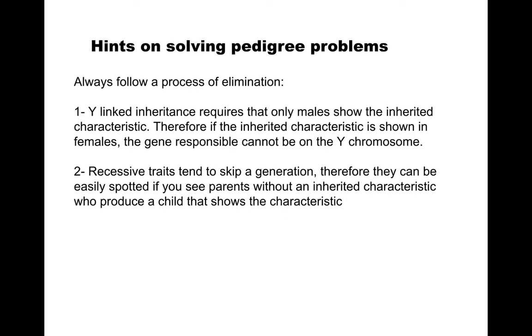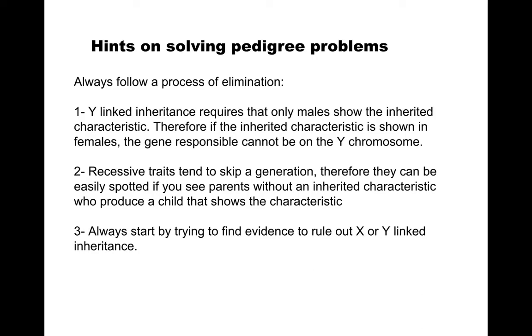So if the parents don't show the characteristic you're following, disease or whatever, but the child shows it, you can confidently say that the trait is due to a recessive allele.